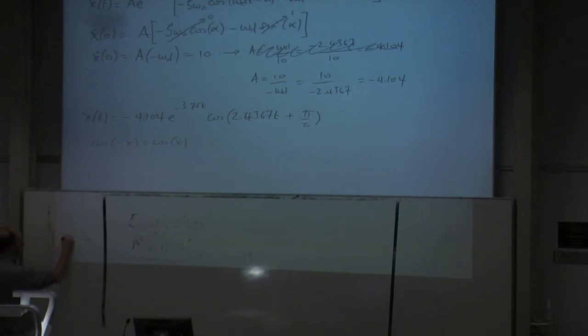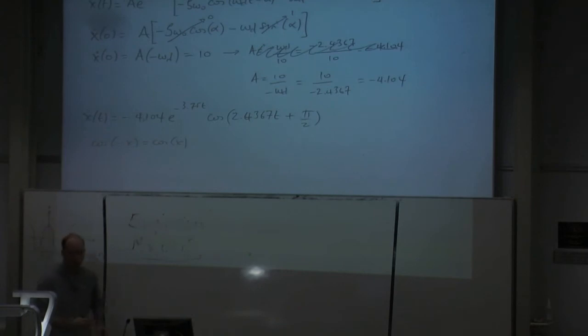That's when x is greater than 0. And obviously when x is less than 0, it just continues on. And notice that if I've got a value of x here, and I take minus x, it's the same value. So that means that cosine of x equals cosine of minus x.